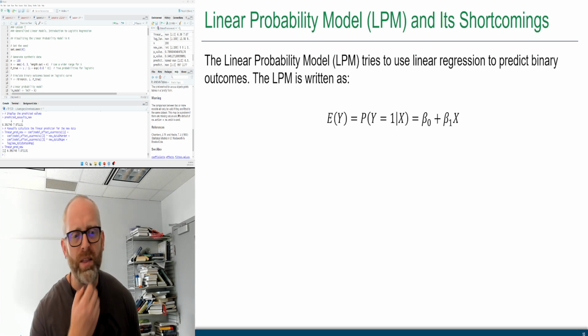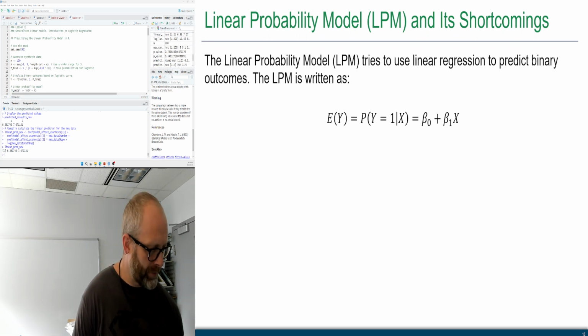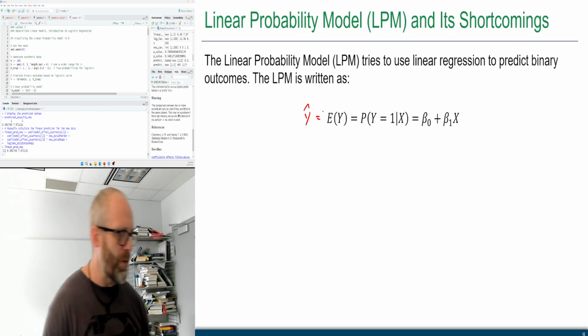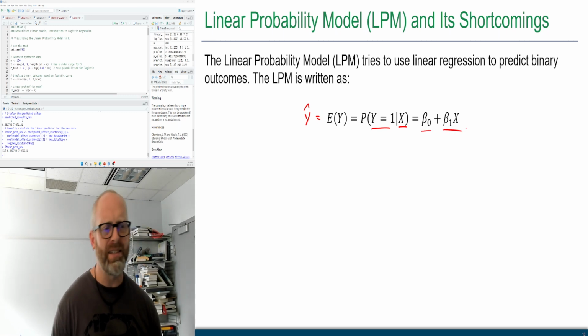We're going to start off with the first one that we're not going to be using, which is the linear probability model, or LPM for short. The linear probability model tries to use linear regression to predict binomial outcomes. If we write it as follows, and suppose we only had one predictor variable, then y hat is equal to the expected value of y, which is the probability that y is equal to 1 for a given value of x, which is just beta naught plus beta 1 x.